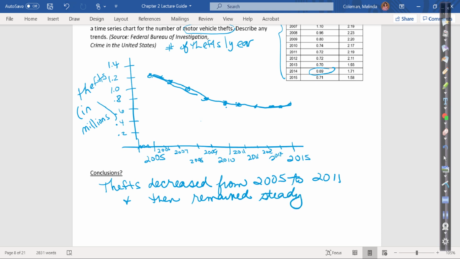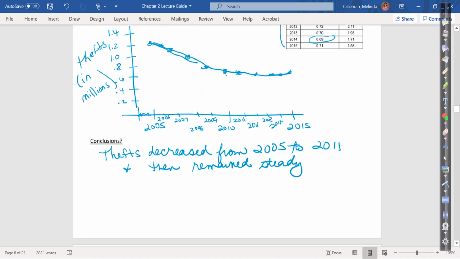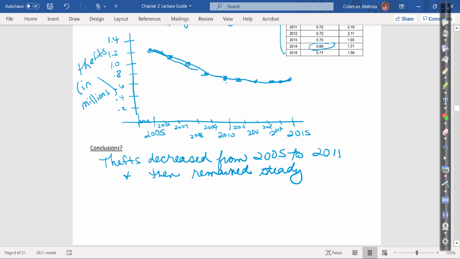It did have a slight rise in 2015 from 2014, so in your conclusion, you can certainly say that as well. You know, they decreased until 2015, where they increased for the first time. So there's a lot of conclusions you can draw based on the data. And that will wrap up section 2.2.